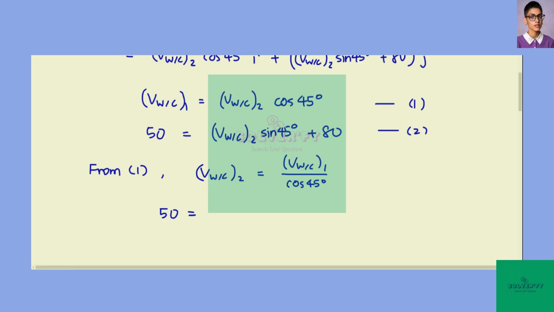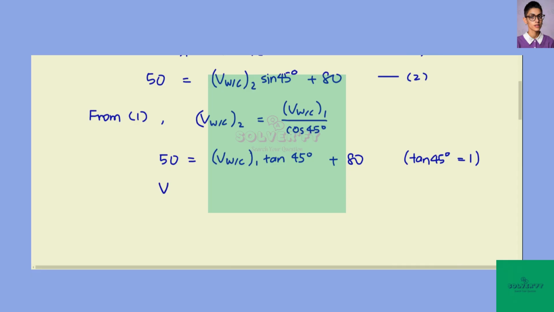We have 50 equals VW/C1 tangent 45 degrees plus 80. Then recall that tangent 45 degrees equals 1. So VW/C1 is equal to minus 30 kilometers per hour.